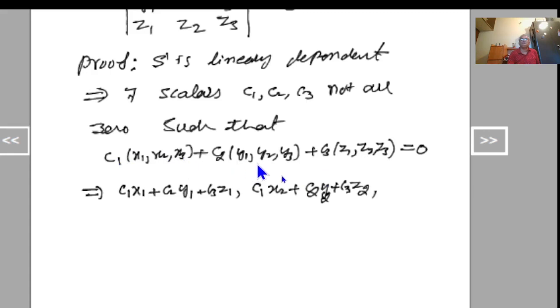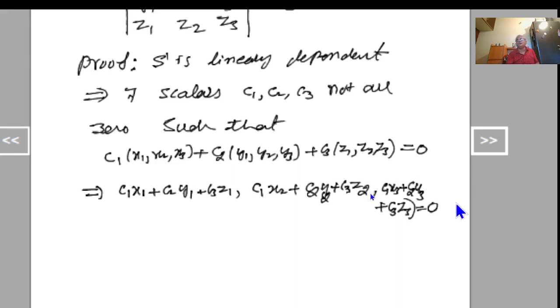C1 x3 plus C2 y3 plus C3 z3 is equal to 0.